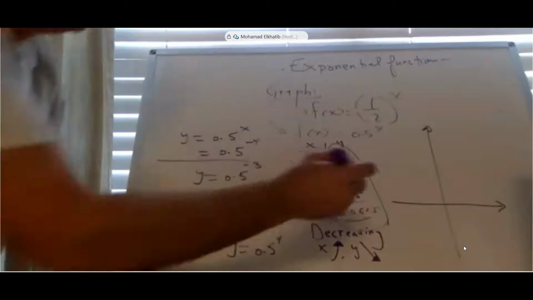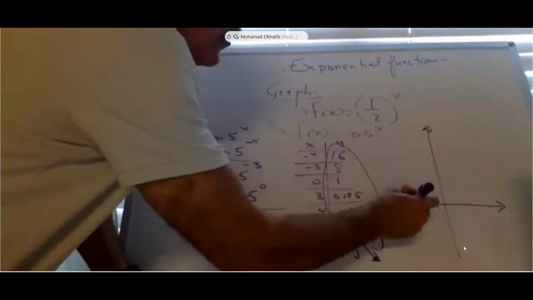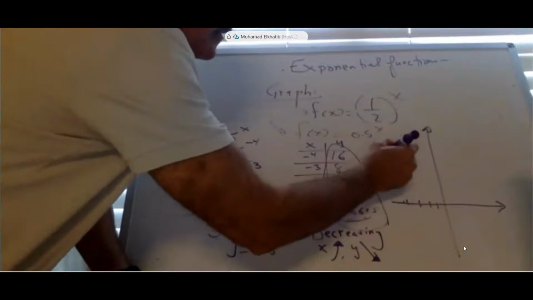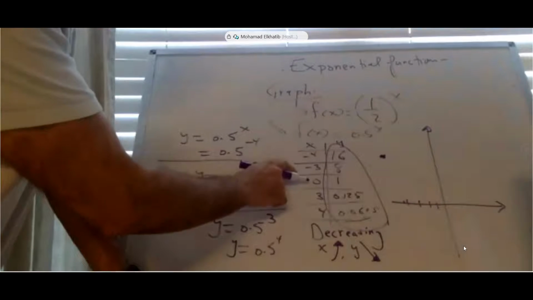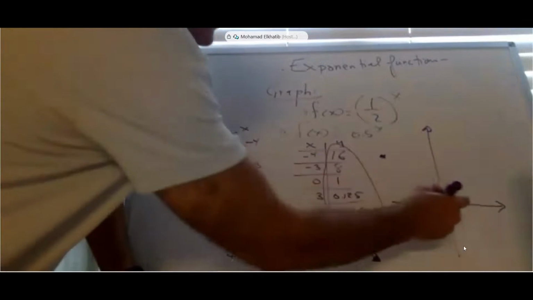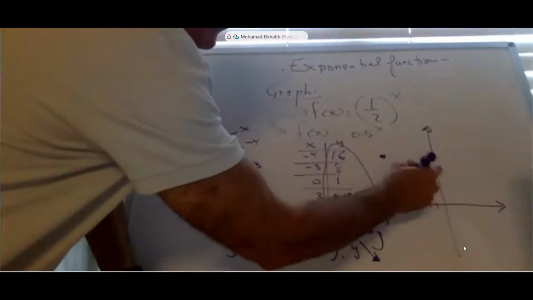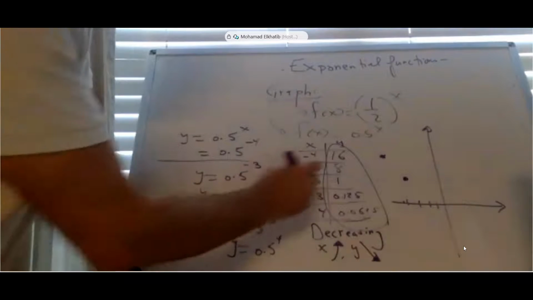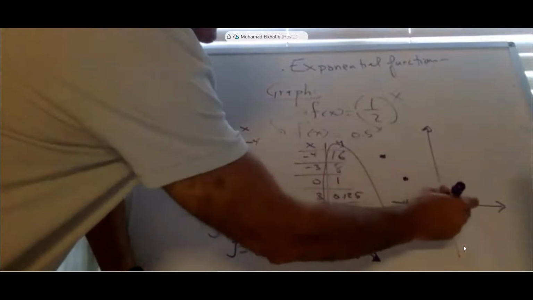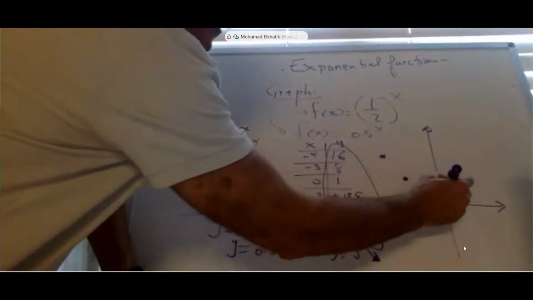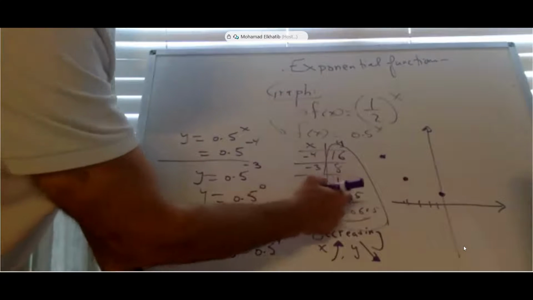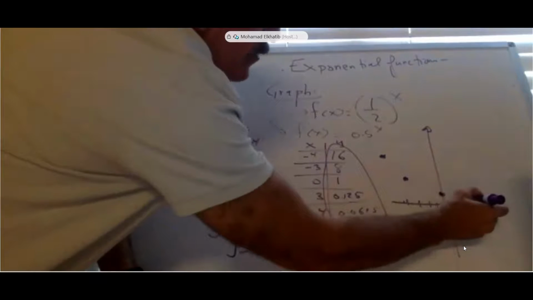Negative 4, 16. Negative 4, I go left 4, up 16. Negative 3 for x, y is 8. Negative 3, y is 8. 0, 1. 3 and 0.125. 3, maybe right here.